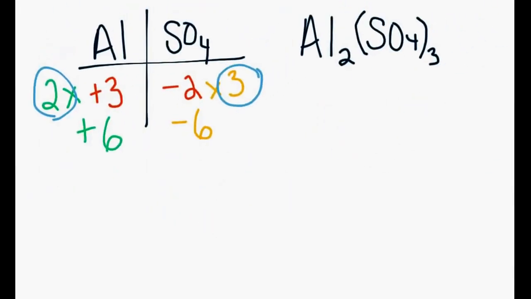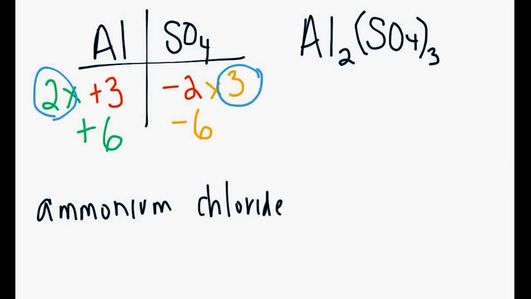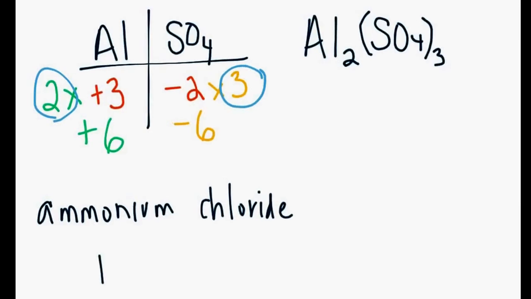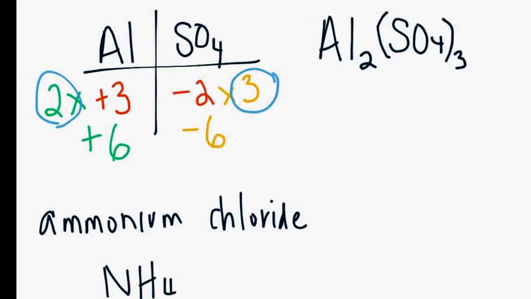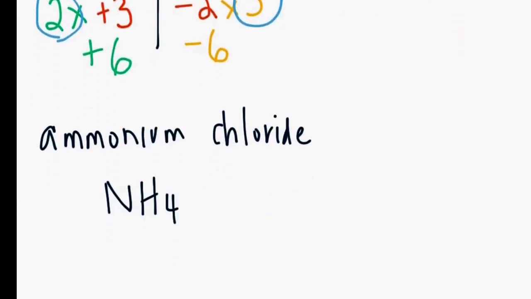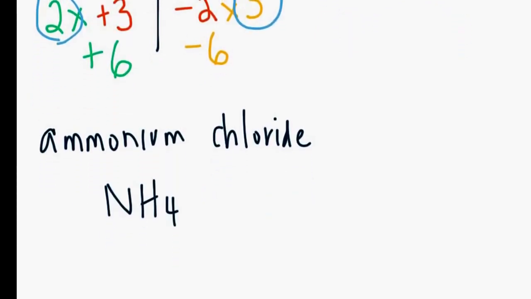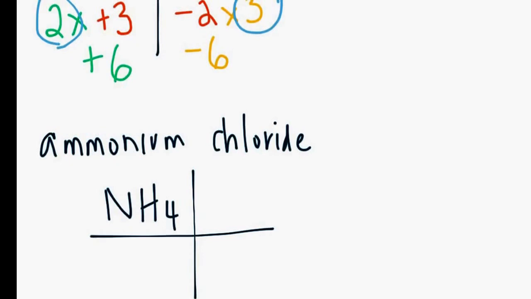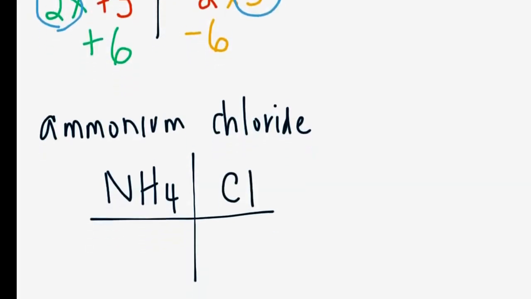Okay, and let's do another one. Let's do ammonium chloride. So our formula is NH4 for ammonium, and it is Cl for chloride.